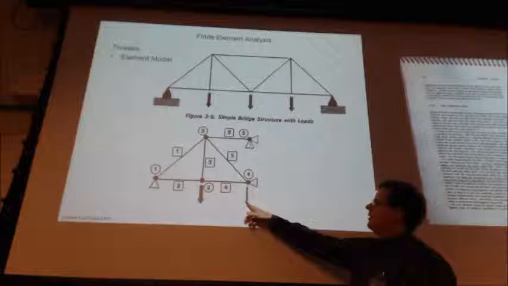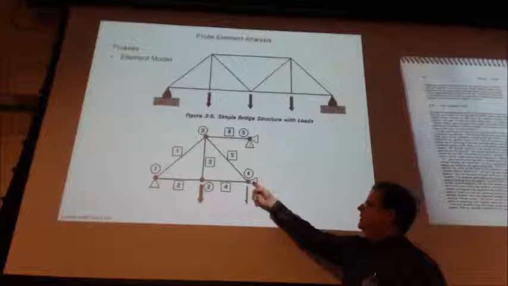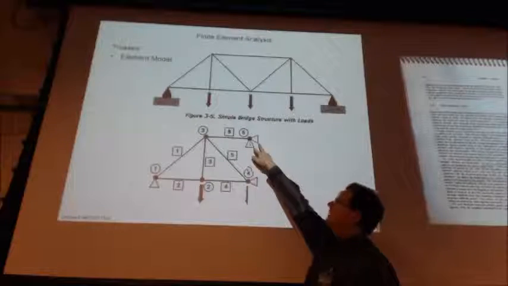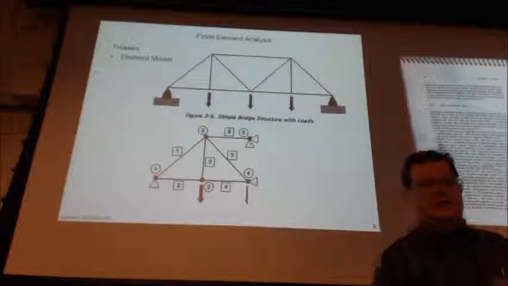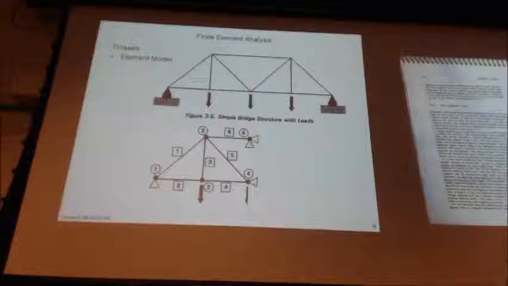So you have to put half the load at node 4. This can go up and down, but you're going to constrain it in the X, and you'll constrain that one in both axes. Okay? So just a quick comment on that.